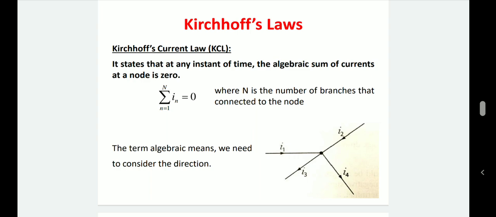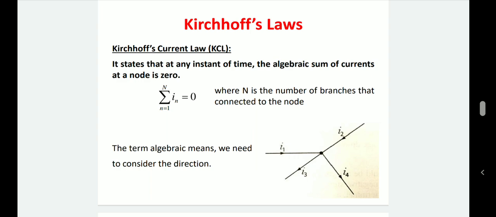Mathematically we can write it as the sum over n ranging from 1 to capital N of In equal to 0, where capital N is the number of branches connected to the node, that is, the number of branches meeting at that particular node, and small In is the amount of current in the nth branch.